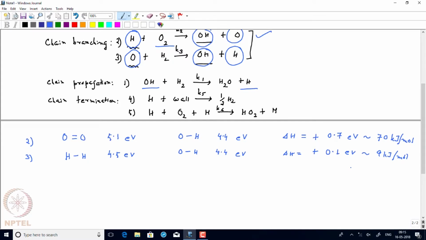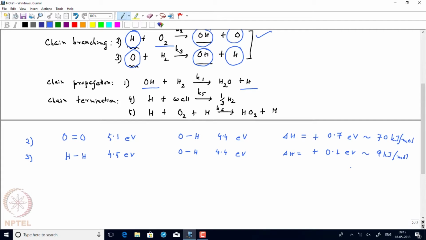Now let us first try to understand the rate of the reaction, or the rate of change in concentration of the H atom, or the rate of change of free radical density.